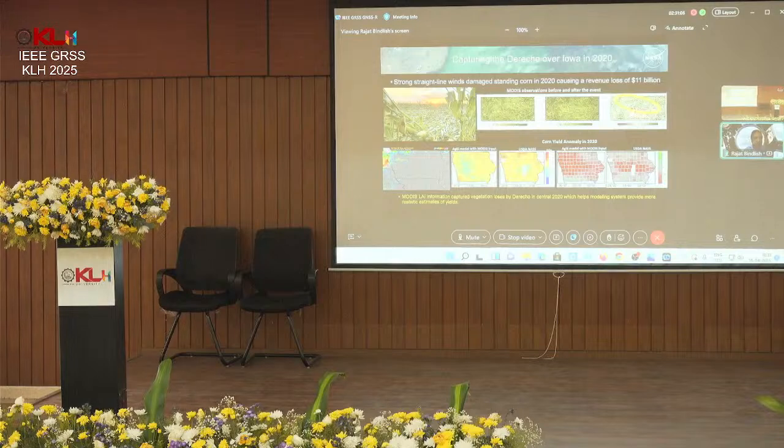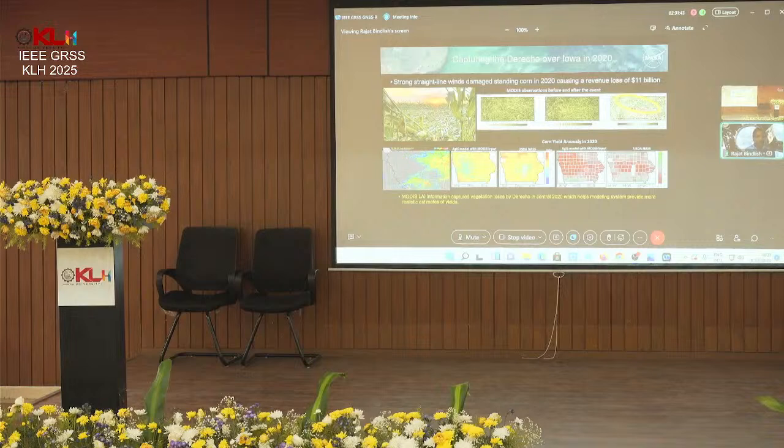Right now you see that cell that created the straight line winds on the next slide image. And these are the absolute crop yield anomalies from the system as well as from the USDA NASS. When we look at the anomaly data, these observations compare fairly well with the model estimates, which used MODIS as well as MAP data for assimilating into the crop model and then predicting crop yield for 2020.